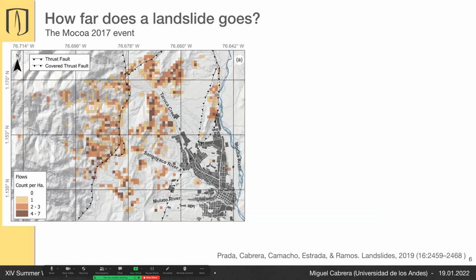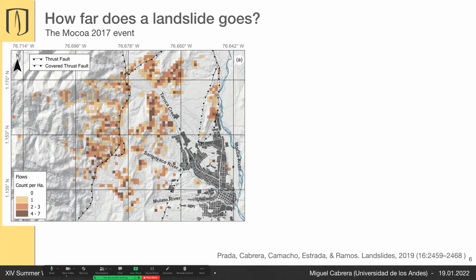And a final example is this tragic event in Mocoa, in the southern Andes of Colombia, where about 400 landslides occurred simultaneously. These about 400 landslides occurred along a geological plane, which helped to identify that there were some geological aspects behind the occurrence of these landslides.